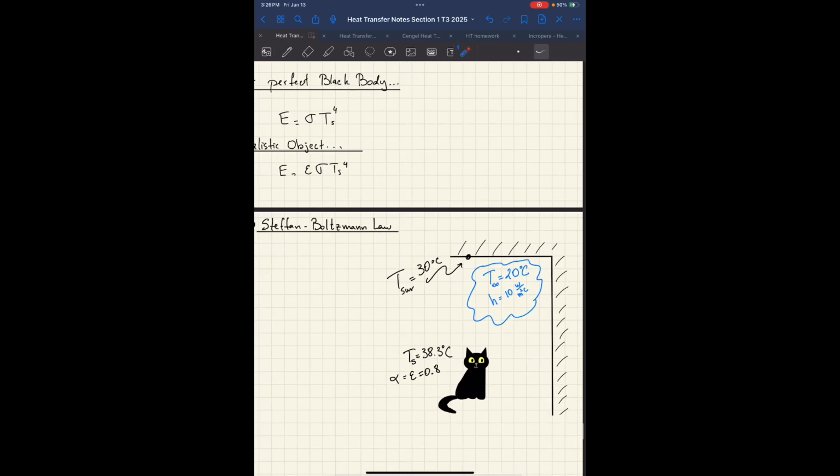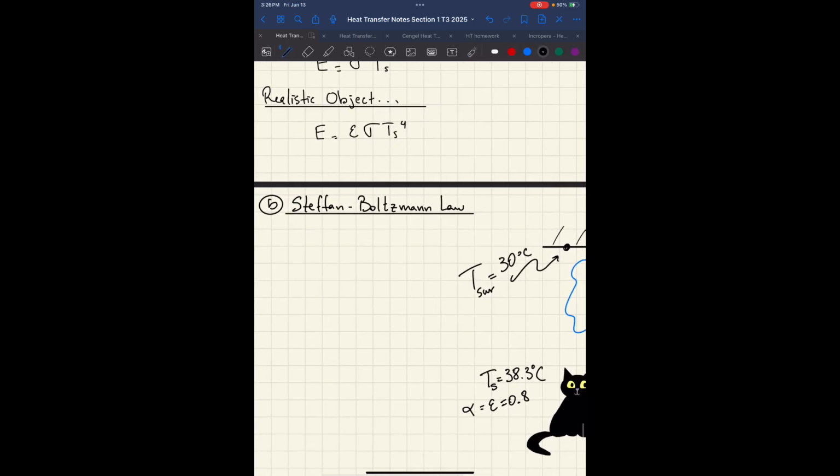So basically the total flux that the cat experiences, and maybe I can write here specifically the radiation flux, is going to be what the cat emits minus what the cat absorbs.